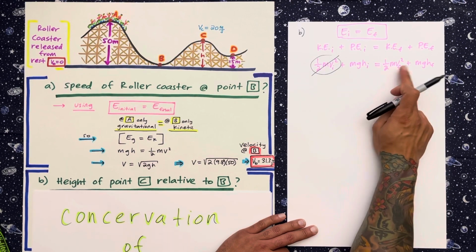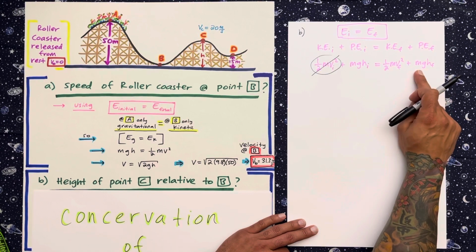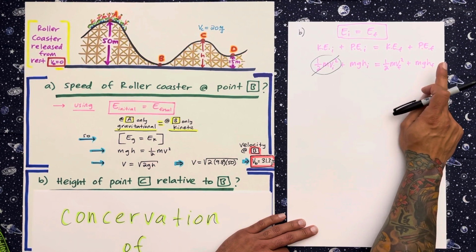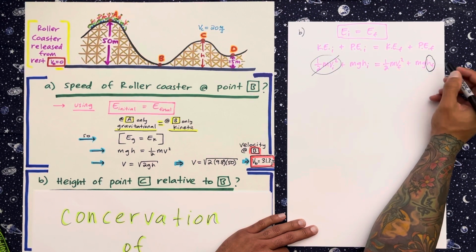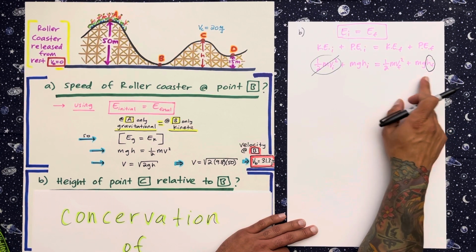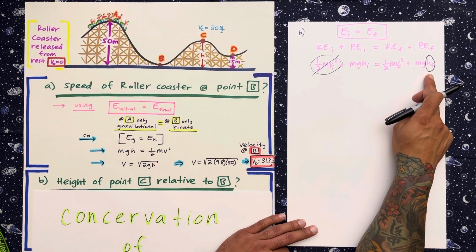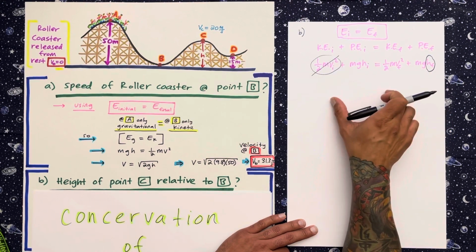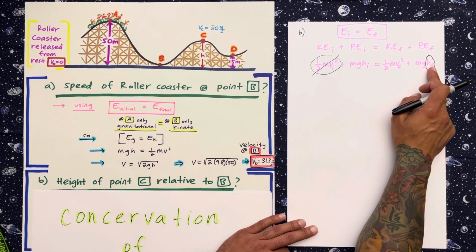We do have a velocity, final, and mgh final. So obviously this is the one we're looking for right here, the height final. Okay, so let's rearrange everything to have height final in our equation equals something else. In other words, let's solve for h final.